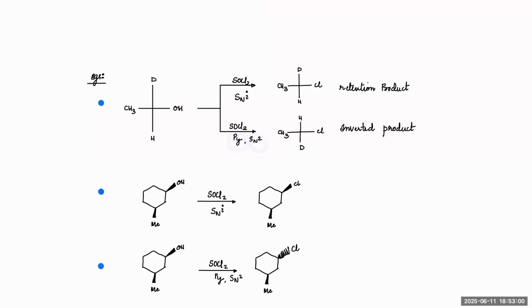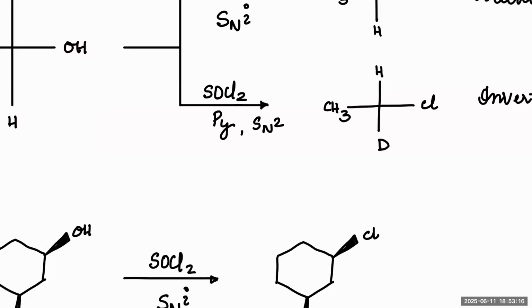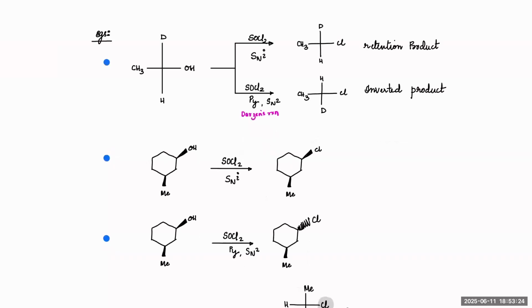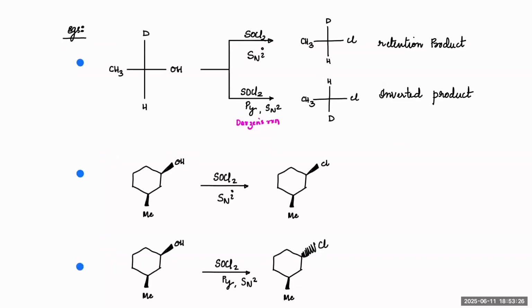Without pyridine, it is SNi. Okay, beta? Right. So with pyridine is SN2, without pyridine is SNi. Now with pyridine, the reaction's name is Darzens reaction. Okay, just keep that in mind. It is called Darzens reaction.